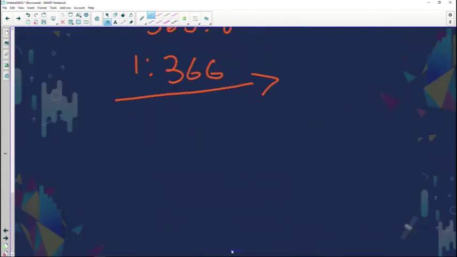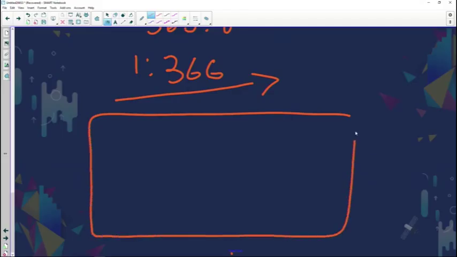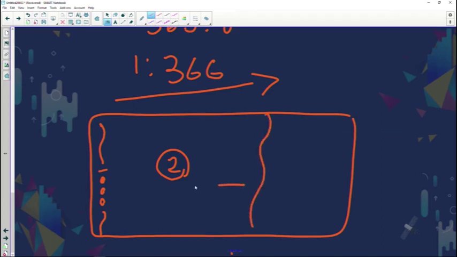Let's try and replicate that diagram, the orthophoto, and there was a number 2. Let's say calculate the gradient from the contour line that says 1,000 meters to the contour line that says 400 meters.